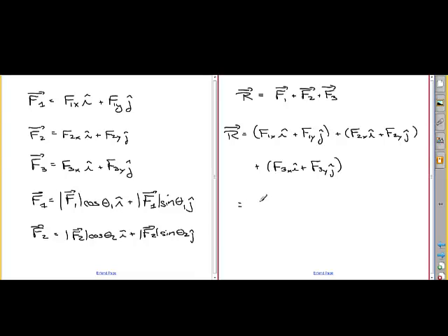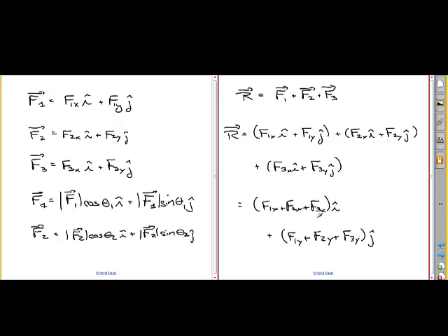And the way you do vector addition is you add the components together. So you get F1x plus F2x plus F3x all times i. And then the y component is F1y plus F2y plus F3y times j.